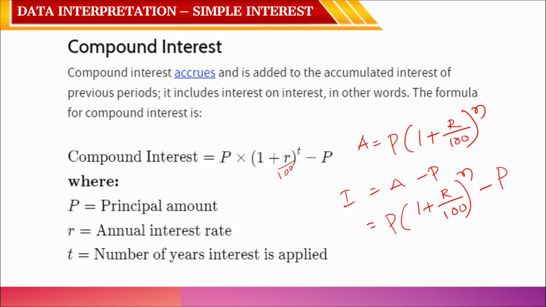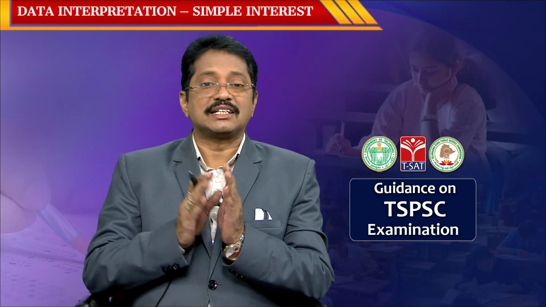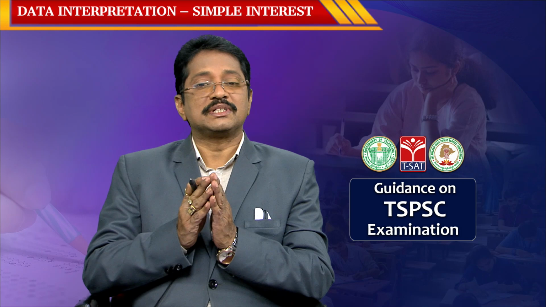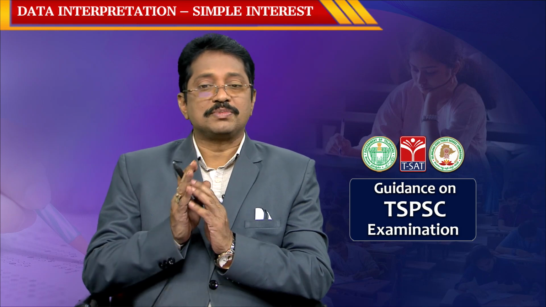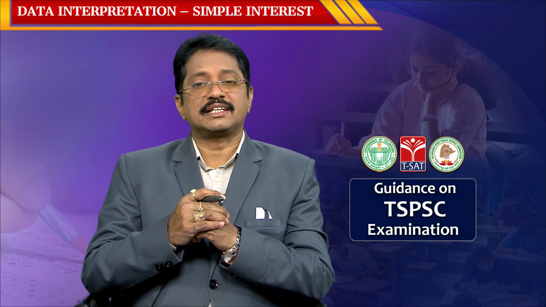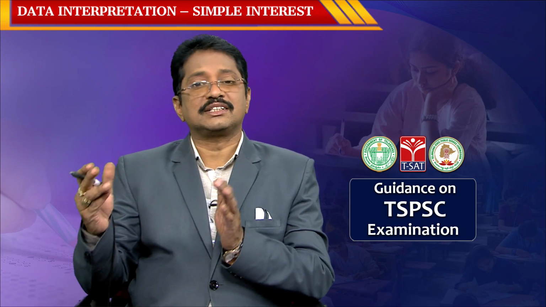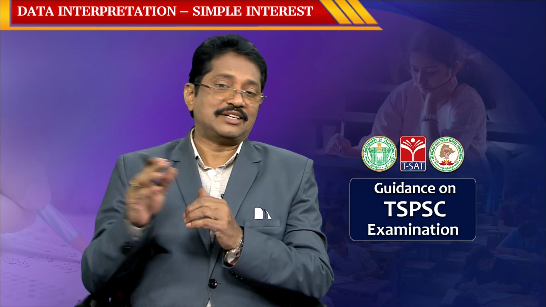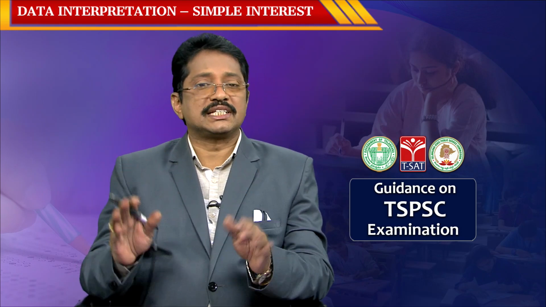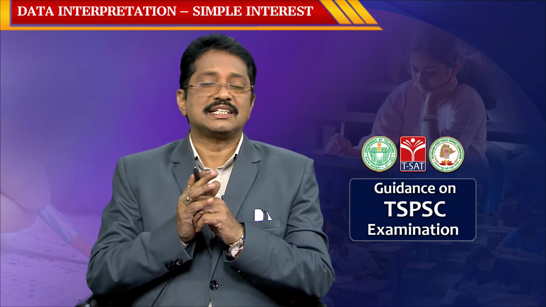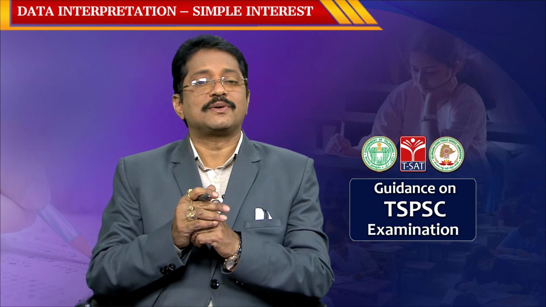As you know, for example, you have taken 100 rupees and per annum it is just 10 rupees interest for that. So, here after 1 year you have to pay 110 rupees, correct? In simple interest, only 10 rupees is the interest, and of course, the principal amount is 100.